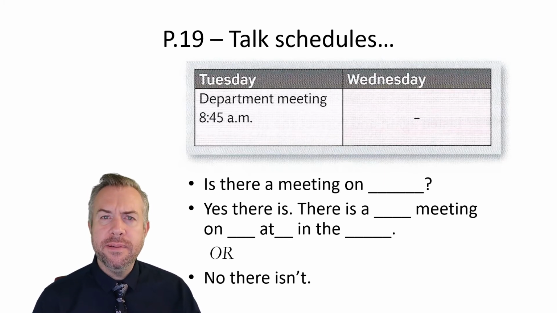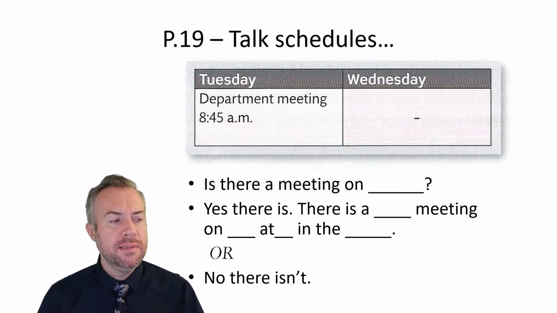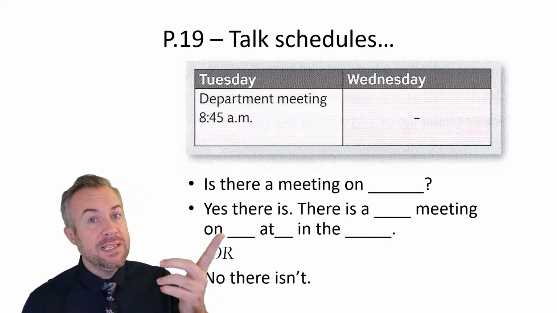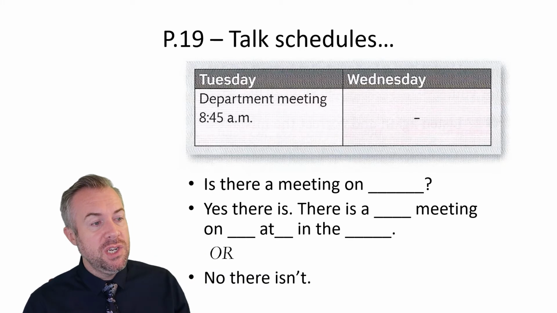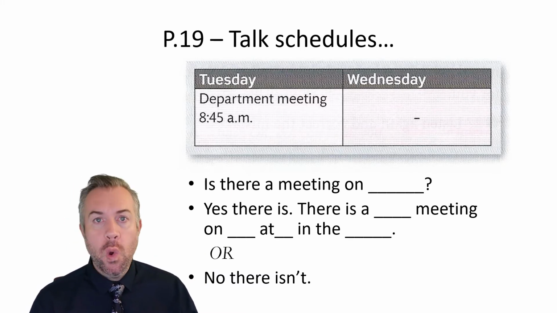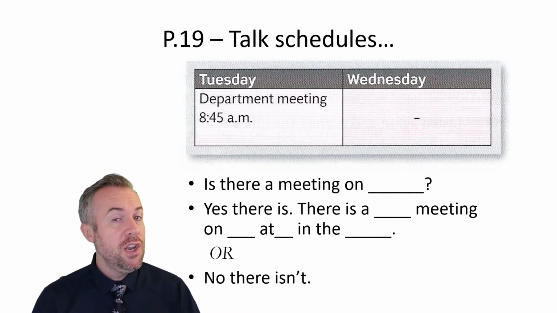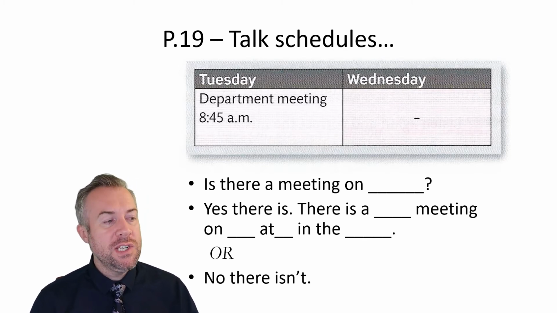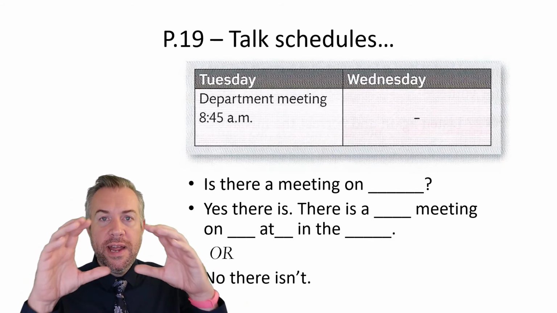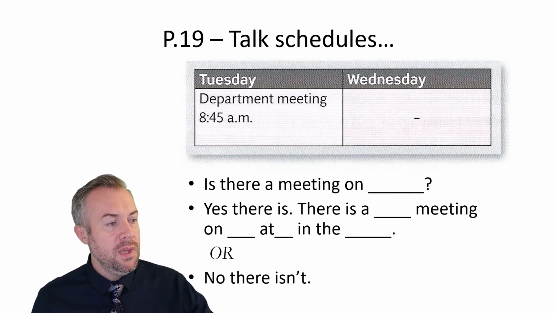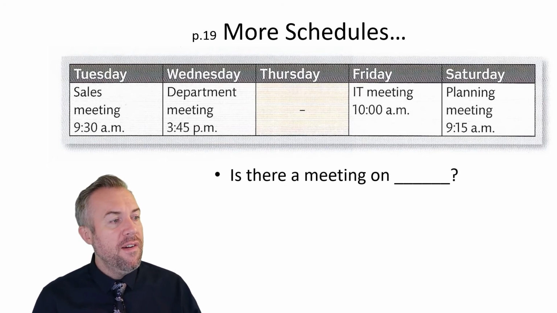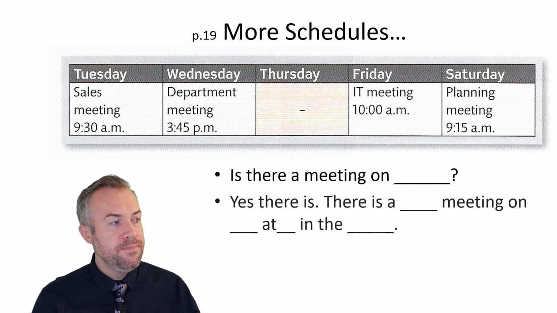What about Wednesday? We need a no answer. Is there a meeting on Wednesday? As we can see, there's just a dash, which means no, there isn't. No, there isn't. Let's use this question and answer structure for a longer schedule. In the middle of page 19, there are 5 days.